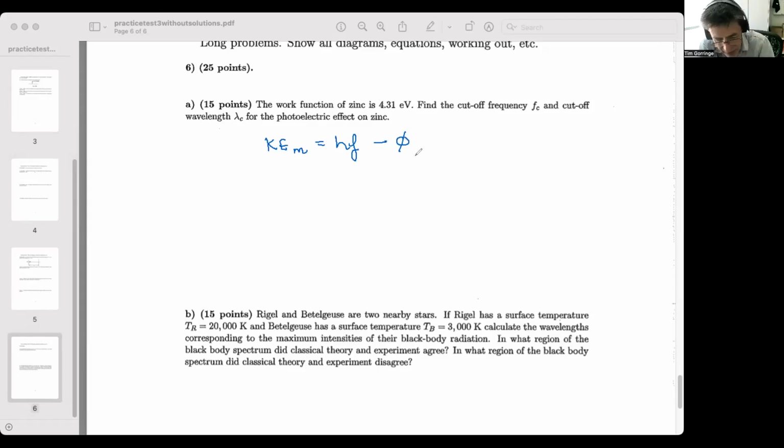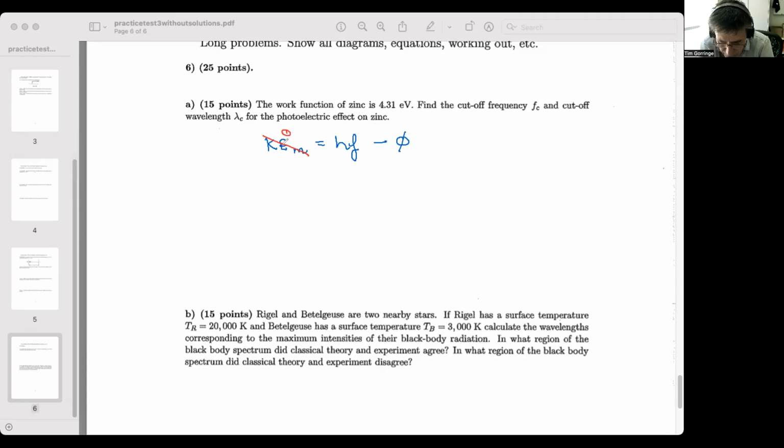We want to find the cutoff frequency and the cutoff wavelength, what's called lambda C and f C. The cutoff frequency and the cutoff wavelength correspond to a case where the maximum kinetic energy is actually 0. So this is the case where the left-hand side is 0 and the right-hand side must have a photon energy equal to the work function of the material.